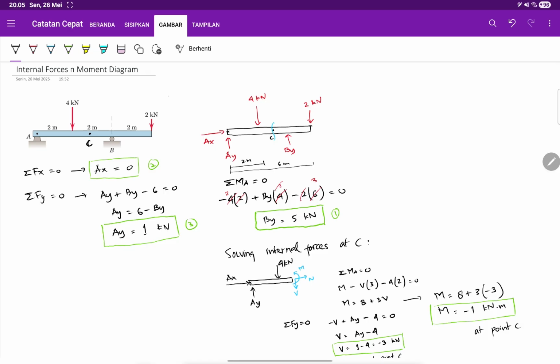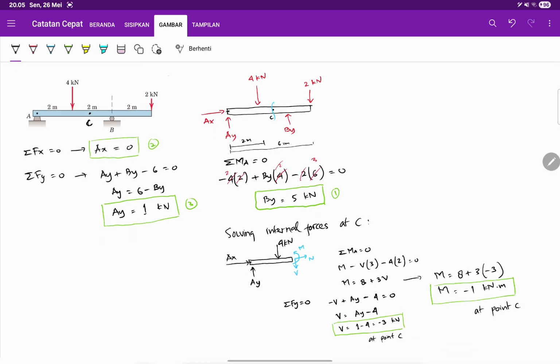So we need to make some sectioning in several places. We cannot just directly cut at one location, but the location of the cutting will be a variable. That will be the content of the next video. So for this video, I think it's enough to find the internal force and moment at point C.